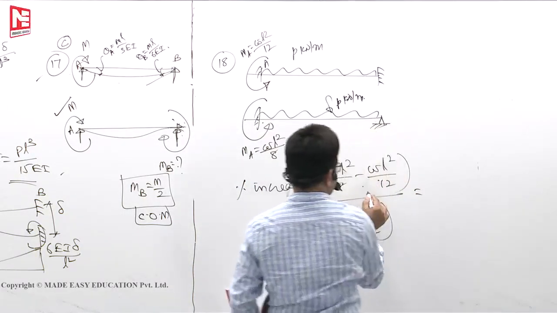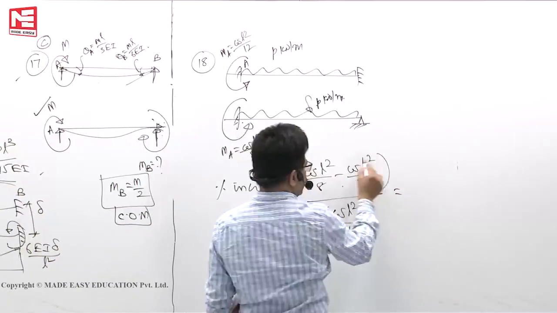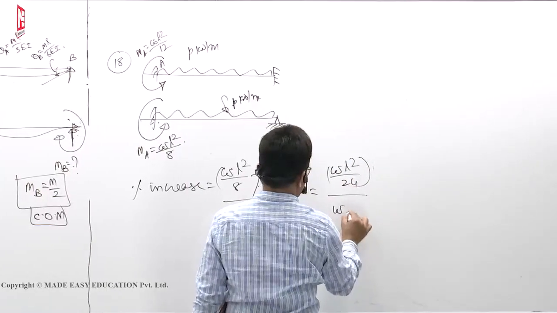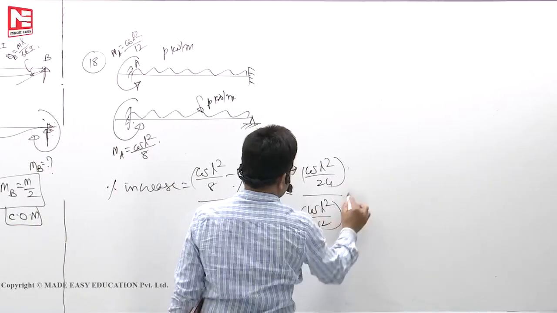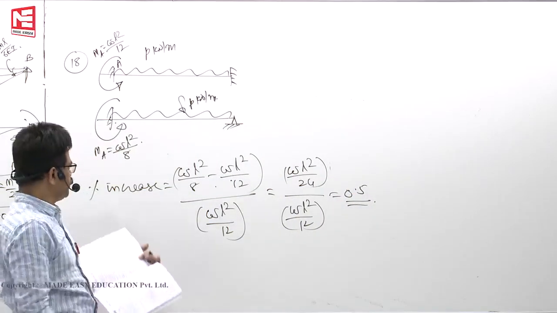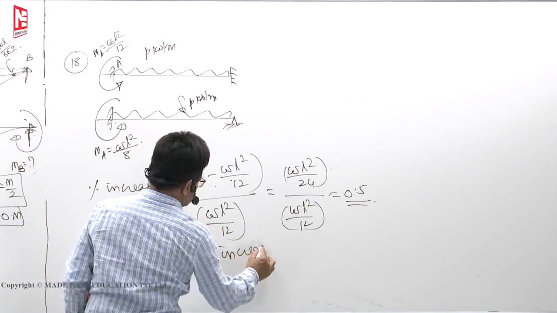8 and 12 means 24 common, you can take it, 3, 2, 1. So WL square by 24 divided by WL square by 12. That means you will get 0.5. So 50%, so 50% increase.